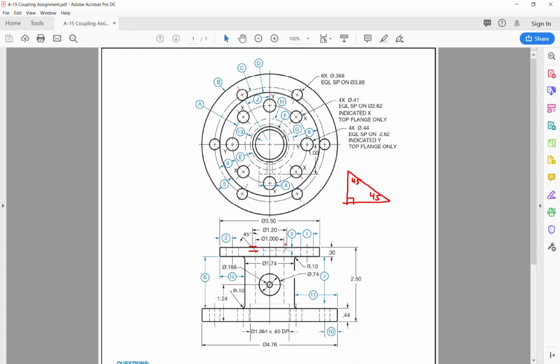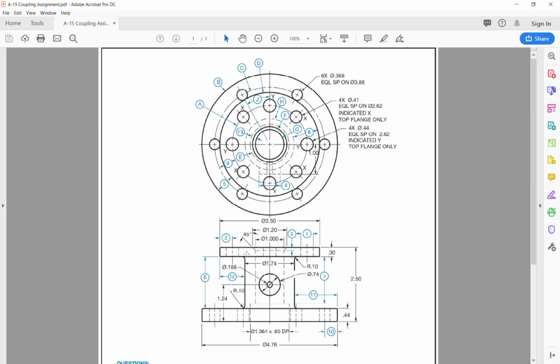If we take this 1.2 and subtract the 1 inch and divide by 2, we know the length of this side of the triangle. So it's 1.2 minus 1, divided by 2, so it's 0.1. Therefore, the other side, the depth, is 0.1. So the answer to 3 is 0.1.